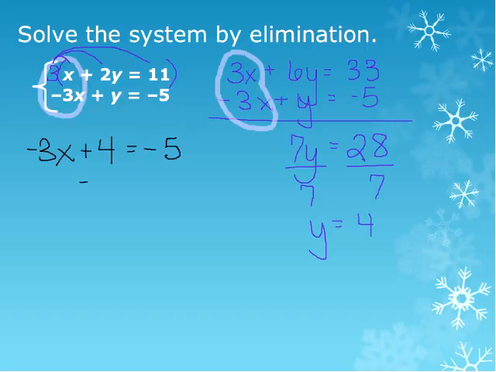And now let's work backwards. So we'll start by subtracting 4. So these go to 0. Yep, negative 5 minus 4 is a negative 9. And then let's divide by the number in front of our x still.